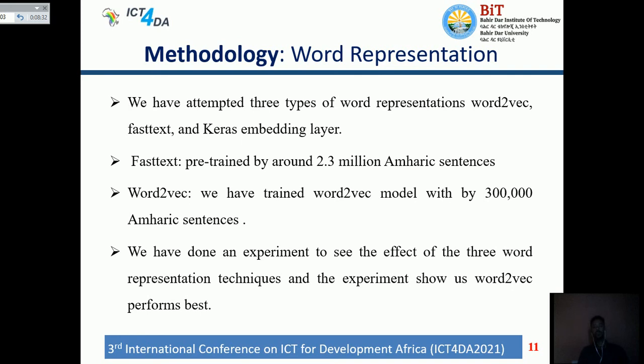When we see the word representation techniques used, we have experimented with 3 word embedding methods: Word2Vec, FastText, and Keras embedding layer.